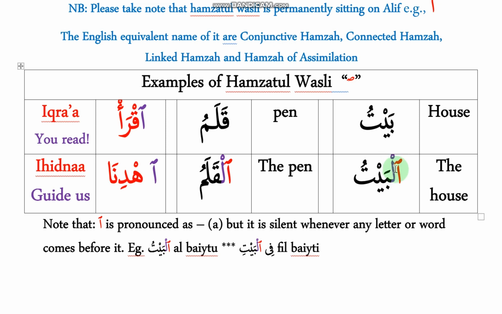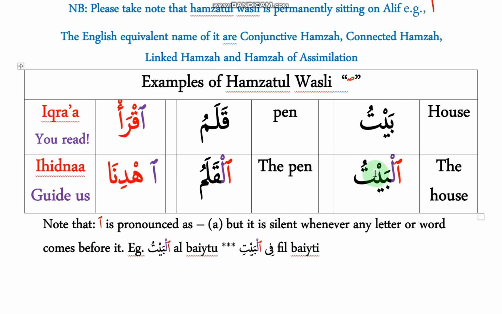Sometimes it may be this Hamzatul Wasli with lam, and the lam may have sukun on it or it may not. The reason why it will have sukun on it is if it is huruful qamariya, that is the moon letters, it will have sukun on it. And if it is the sun letters, huruful shamsiyah, it will not have sukun on it. Then the next letter will take shadda.